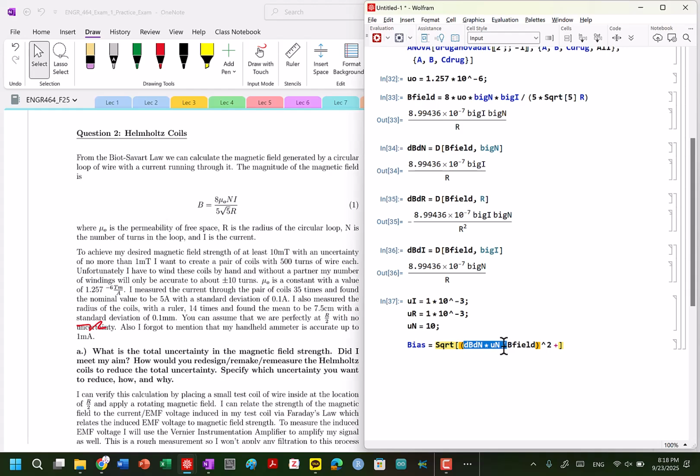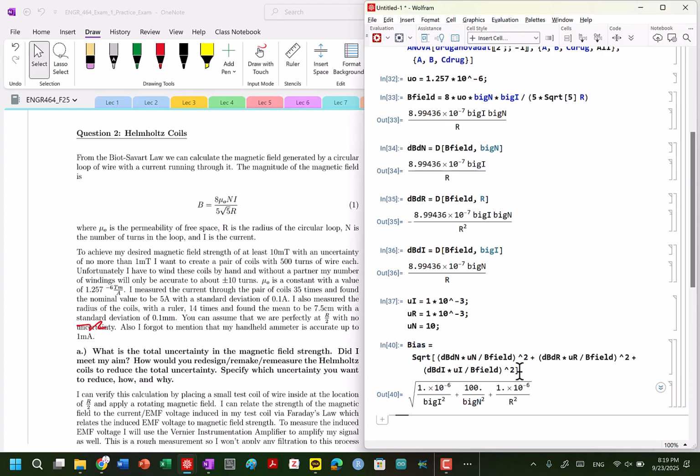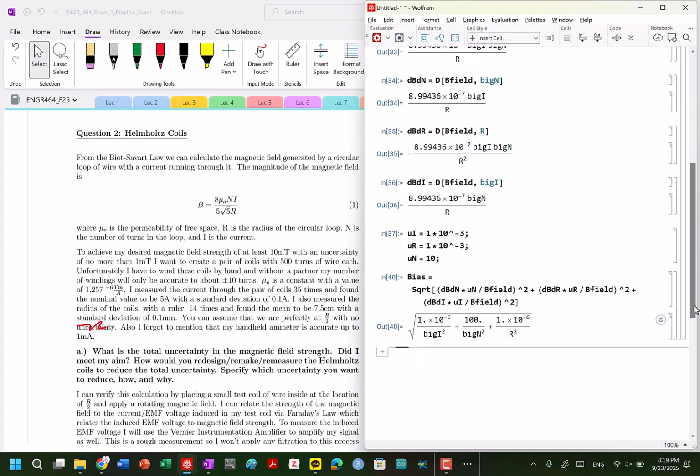So dB dR, uncertainty in R, and then I. And there we go. Let's leave that, and we'll get to that in a second.